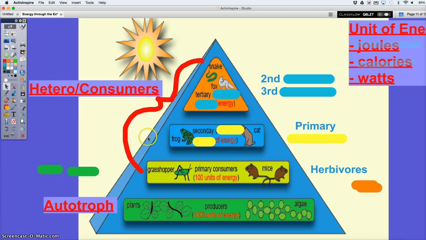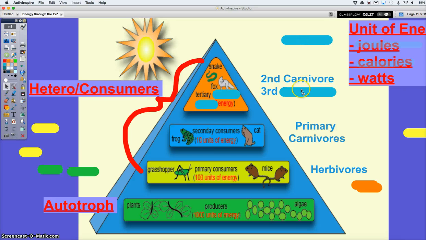What's next? Secondary consumers, which are what? Carnivores. I'm introducing you to another word. They're primary carnivores. Why are they primary? They're first level, okay? How many units of energy? 10. Then we've got what? Secondary carnivore.